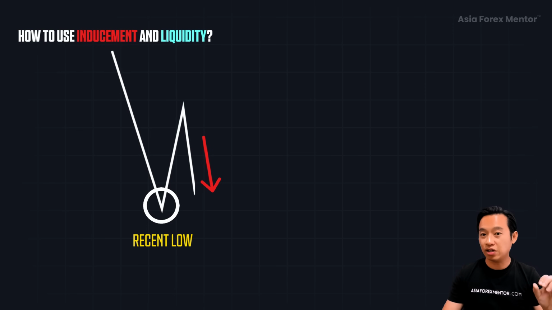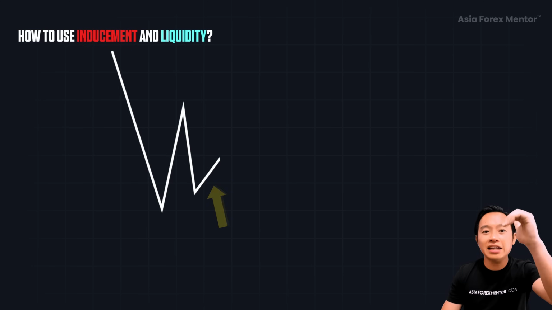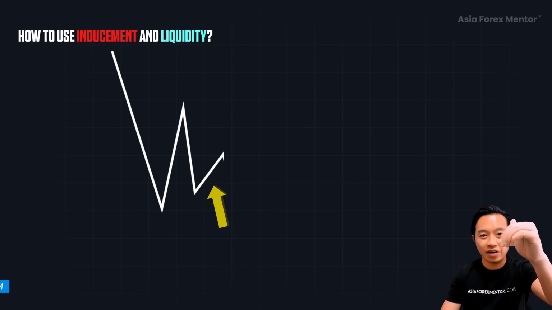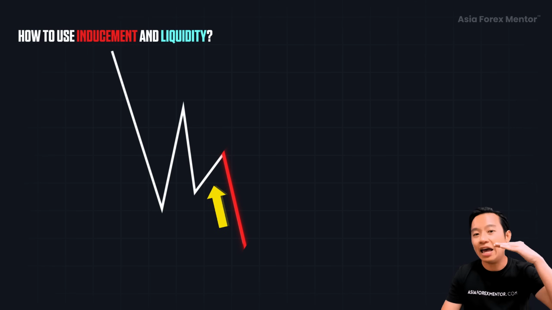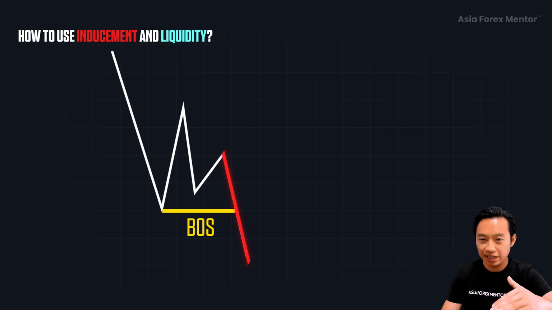It fails to break the recent low itself. Okay, so then what? Price makes a tiny pullback to the upside after gaining momentum, right? And then price is now pushed to the downside and officially makes this break of structure over here.